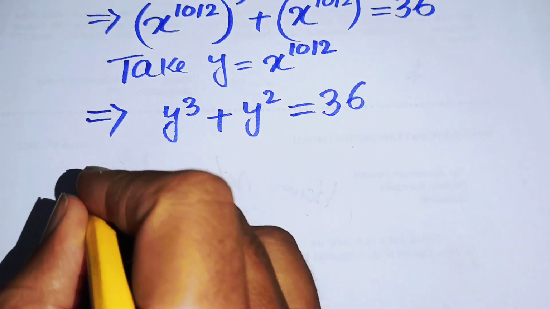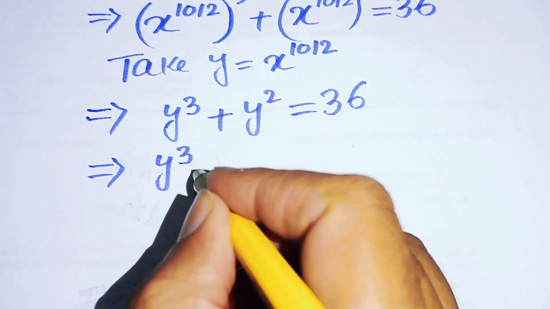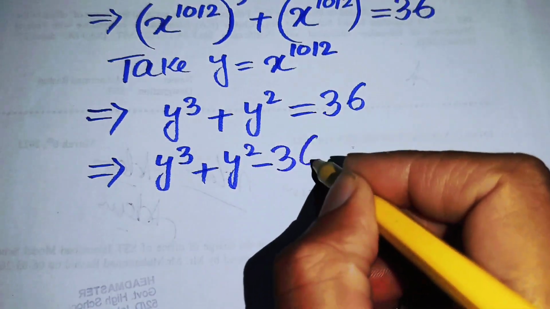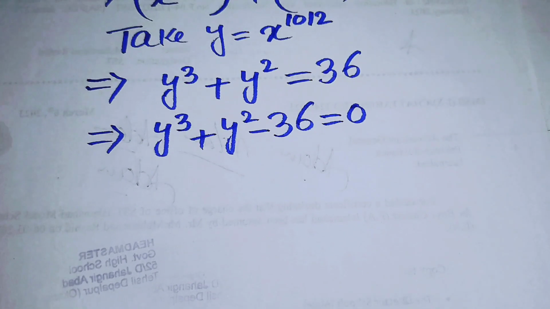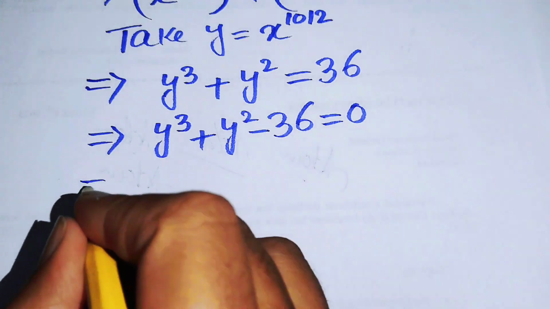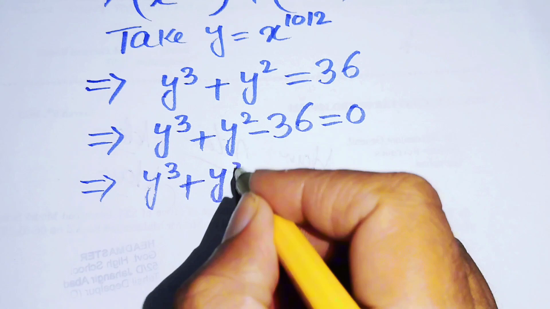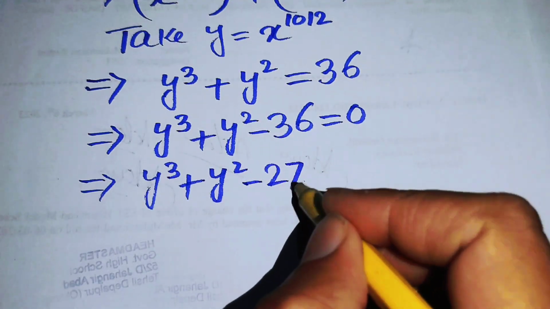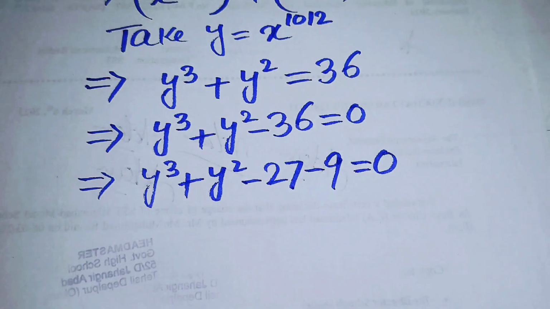In order to factor this equation, we move this 36 to the left hand side and write it as y cubed plus y squared minus 36 equals 0. In the next step we will write y cubed plus y squared, and we write this 36 as minus 27 minus 9, and this whole equation equals 0.